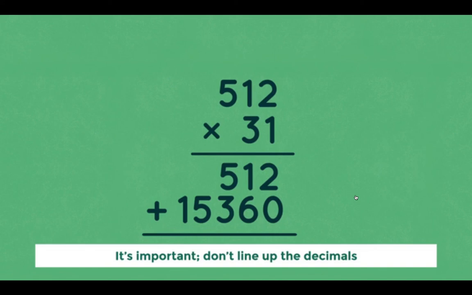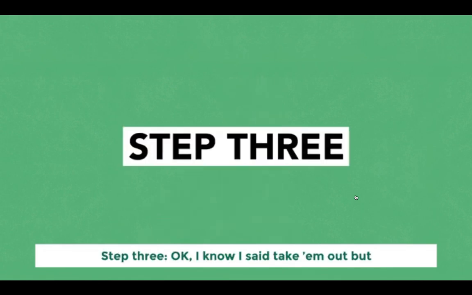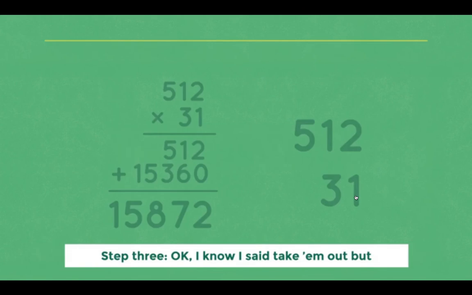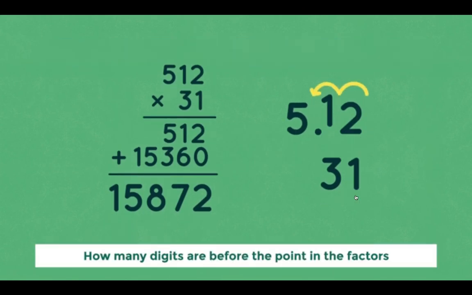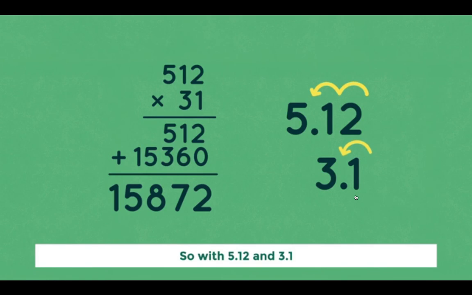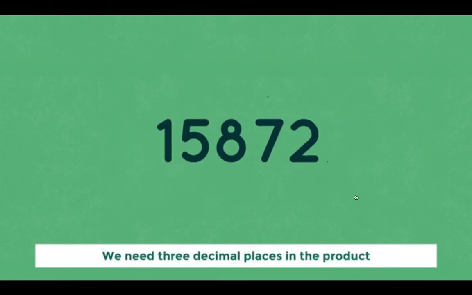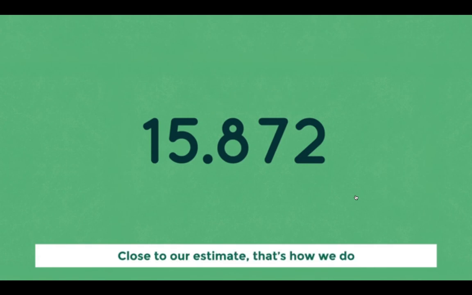Don't line up the decimals. Multiply to get 15872. Step 3, put the decimal point back in after you count how many digits are after the point in the factors. This is the last step in finding the answer. So with 5.12 and 3.1, we need 3 decimal places. In the product, we end up with 15.872. Close to our estimate.